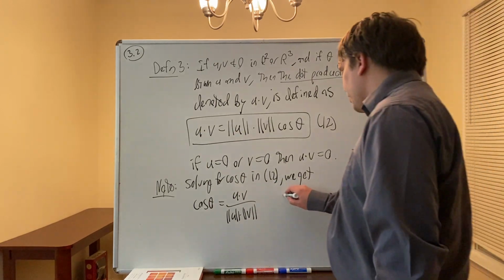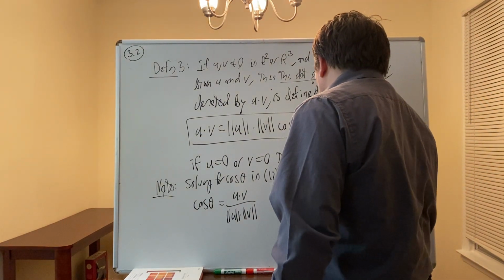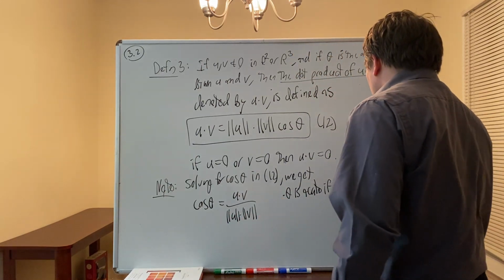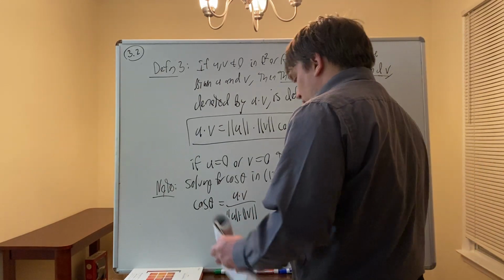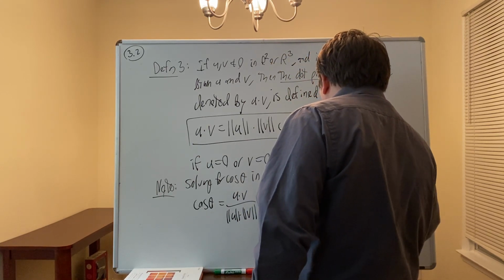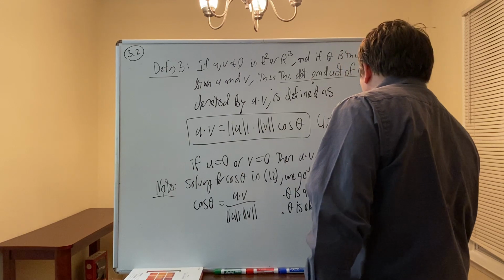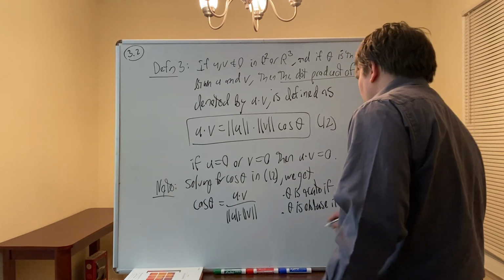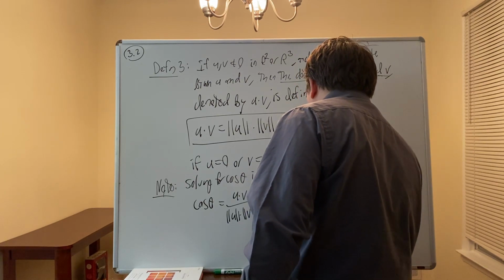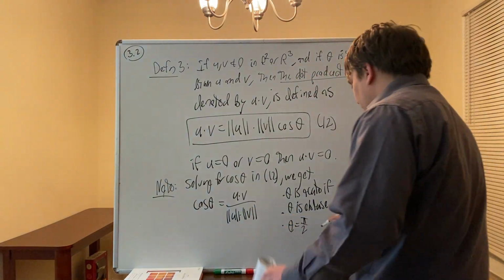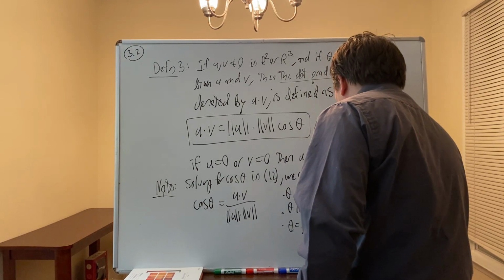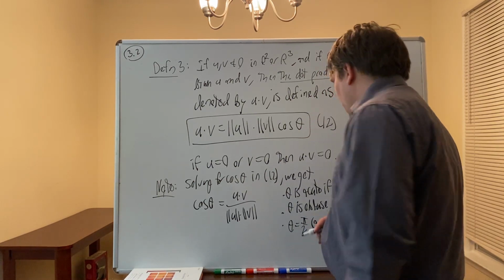So theta is acute if U dot V is positive, and theta is obtuse if U dot V is negative. And theta is pi over 2 radians, which is 90 degrees. It depends on the unit of measurement of the angle we're talking about.